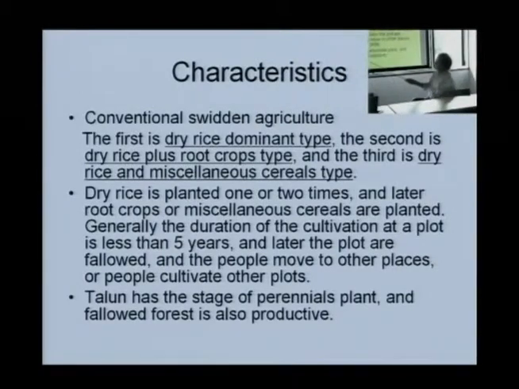And this is a conventional swidden agriculture practice. But Indonesian or West Java Tarum has the stage of perennial plants, and the fallow forest is also productive. This is quite a different characteristic that Tarum has.